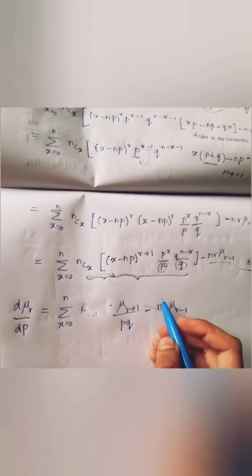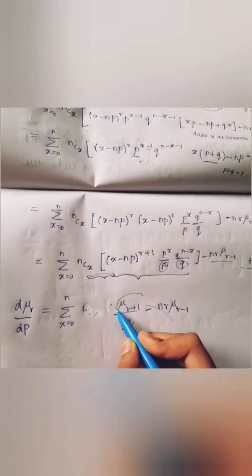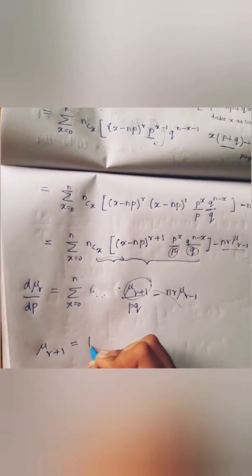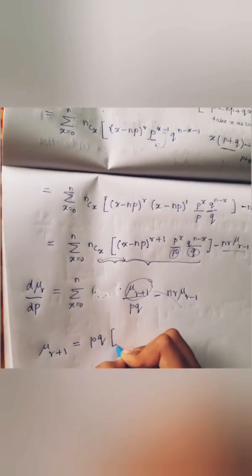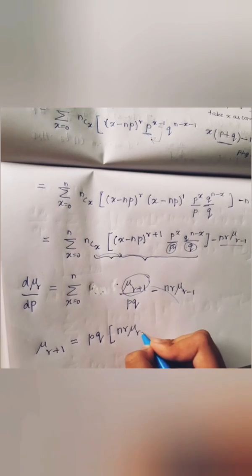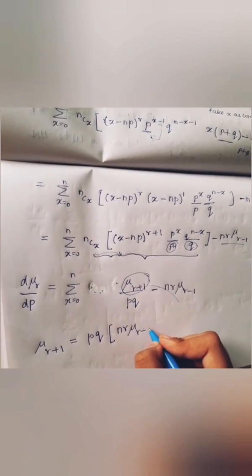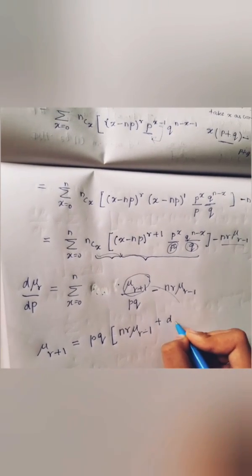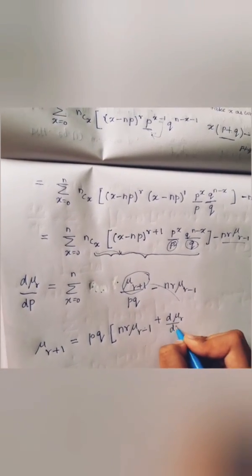Now we just want mu r plus 1, so we keep it as it is and take the other to the left side. So it becomes mu r plus 1 is equal to pq into n r mu r minus 1 plus d mu r divided by dp, and we mark it as equation 3.